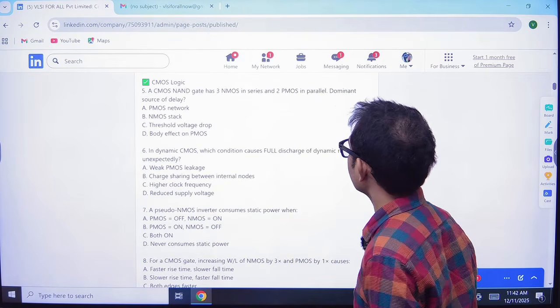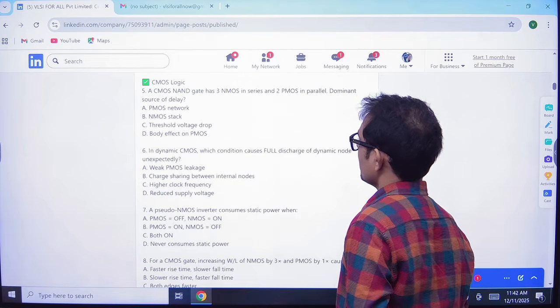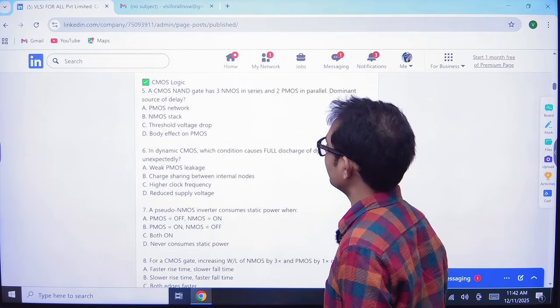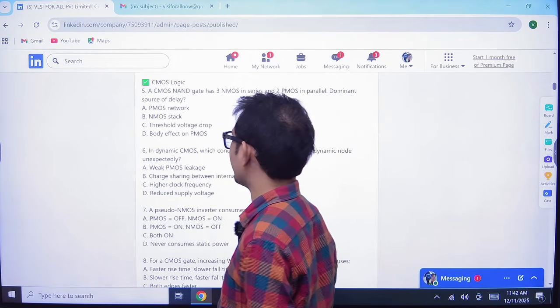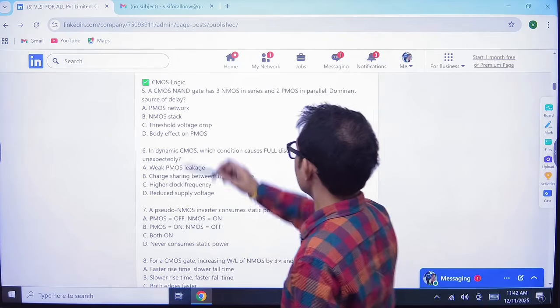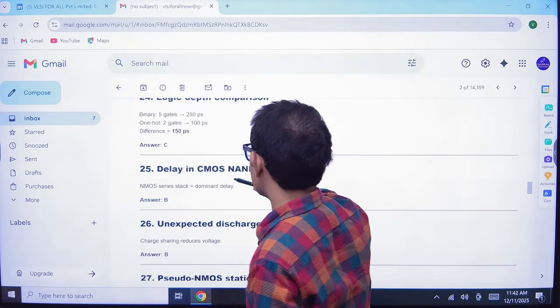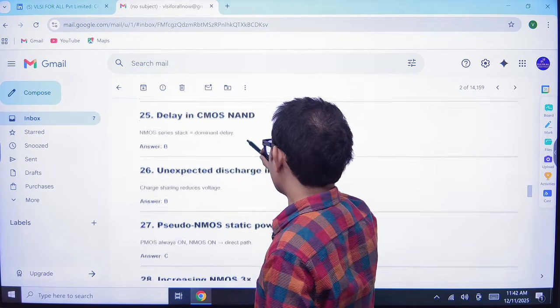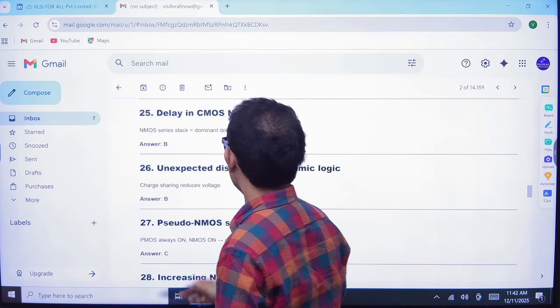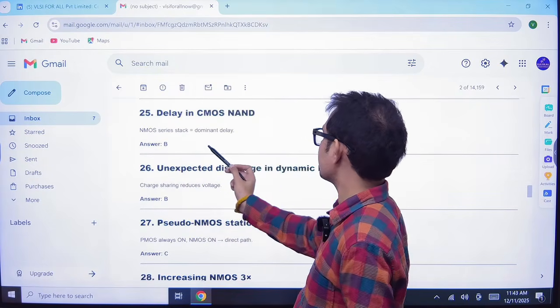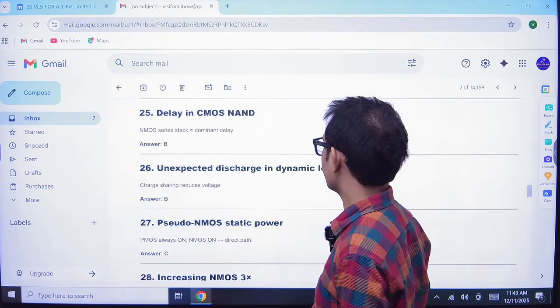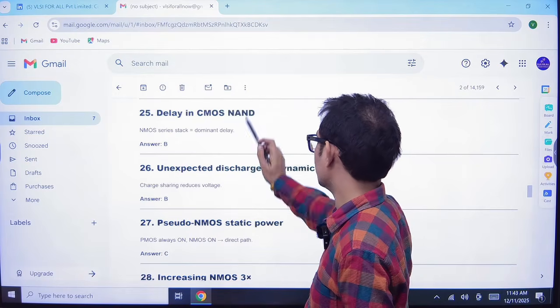PMOS network, NMOS stack, threshold voltage drop, body effect on PMOS. So the answer is B. NMOS series stack is the dominant delay. So in a NAND gate, right?